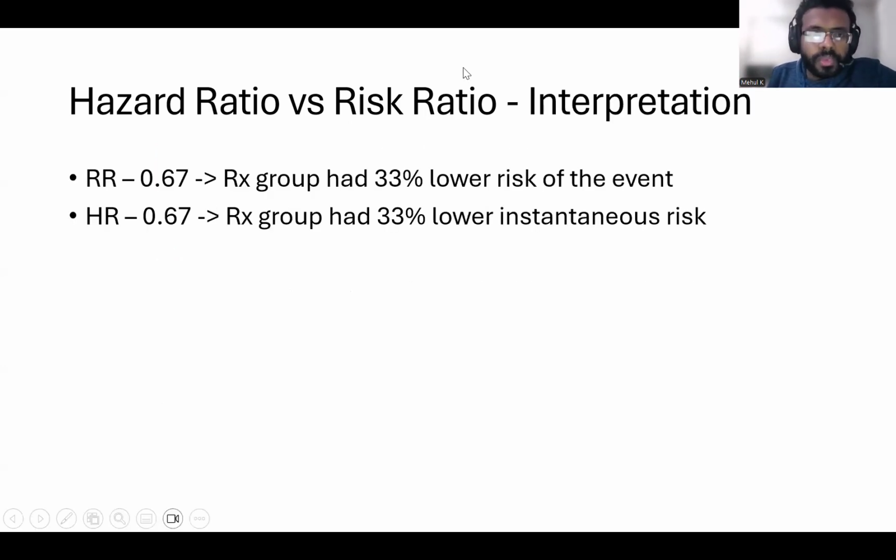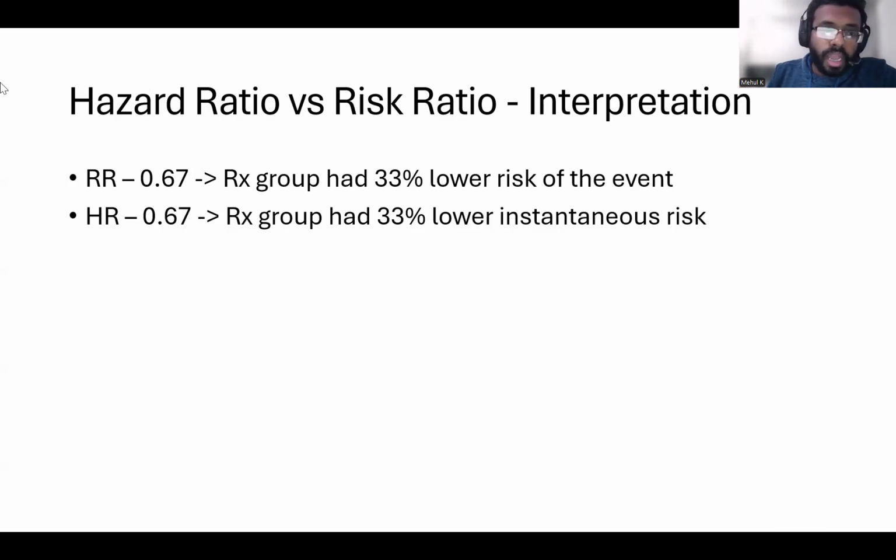So when you're talking about risk ratio and hazard ratio, even if they have the same number, the meaning is actually somewhat different. If the risk ratio is like 0.67, it means that there's actually lower risk of the event. If risk ratio is more than one, it is having higher risk. Less than one, it's having lower risk. If it is 0.67, that's 33% lower risk of that particular event.